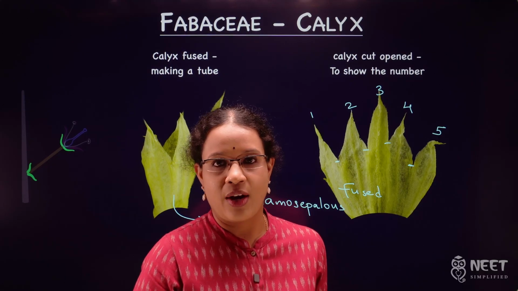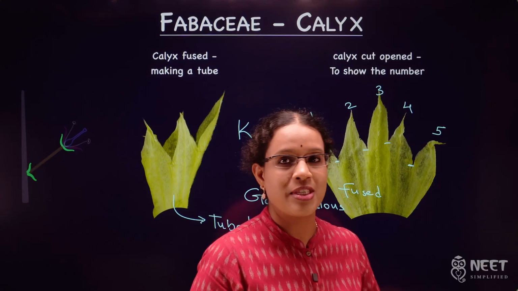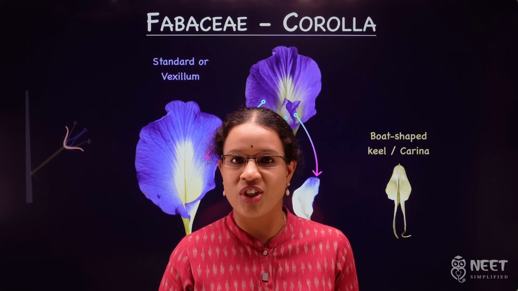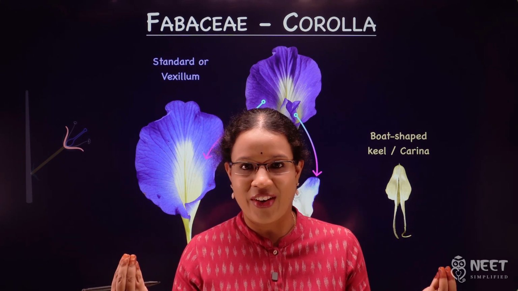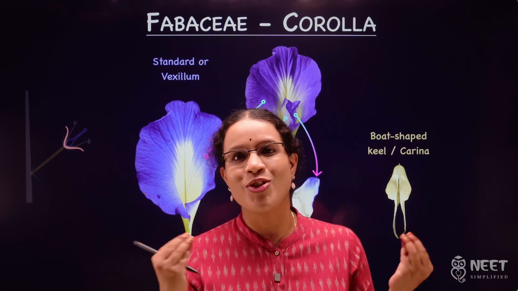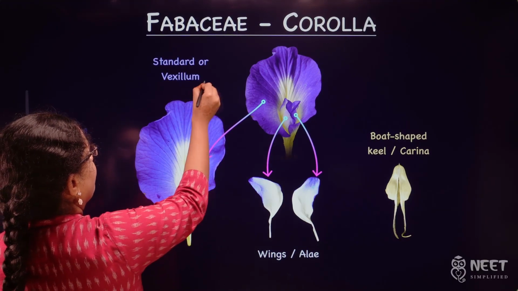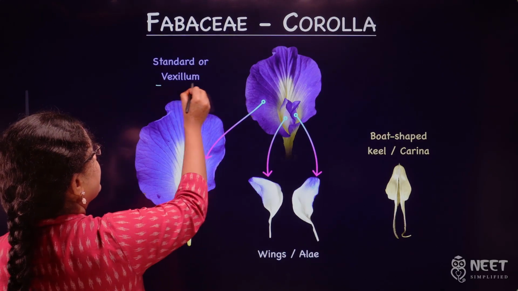Now going to the second one, that is the next word, corolla. Now comes the beautiful part. As I've told you to imagine a butterfly turning into a flower, right? Why did I say that? You'll understand it here. Here, you're seeing a bigger, very prominent petal which is called vexillum.